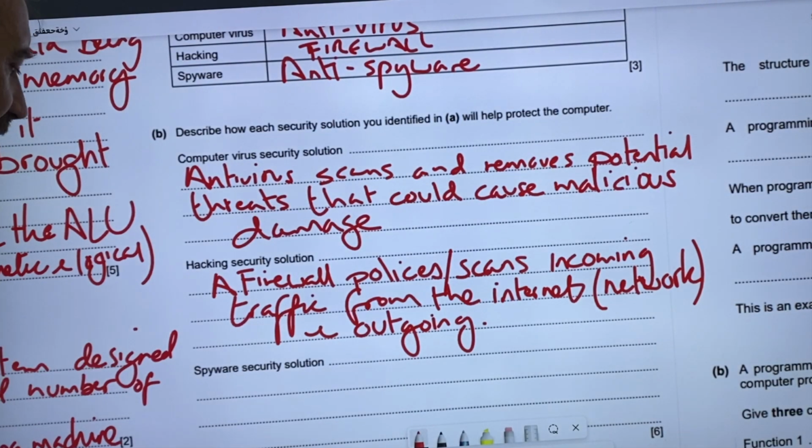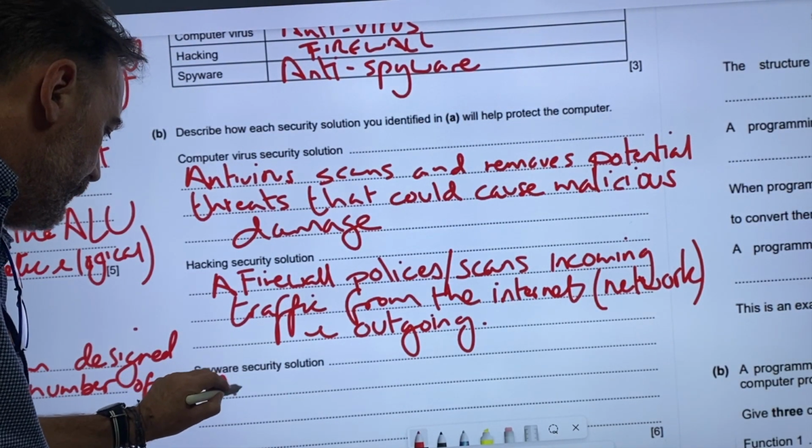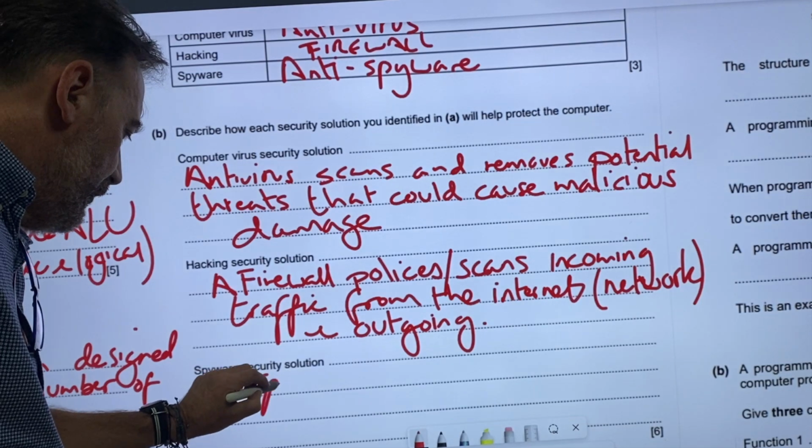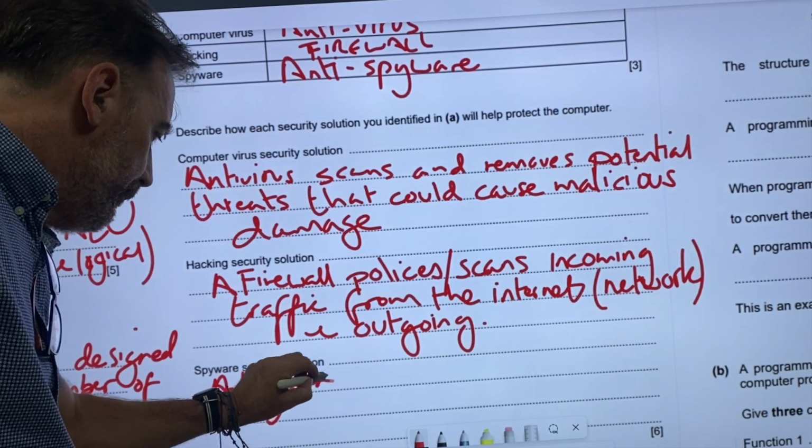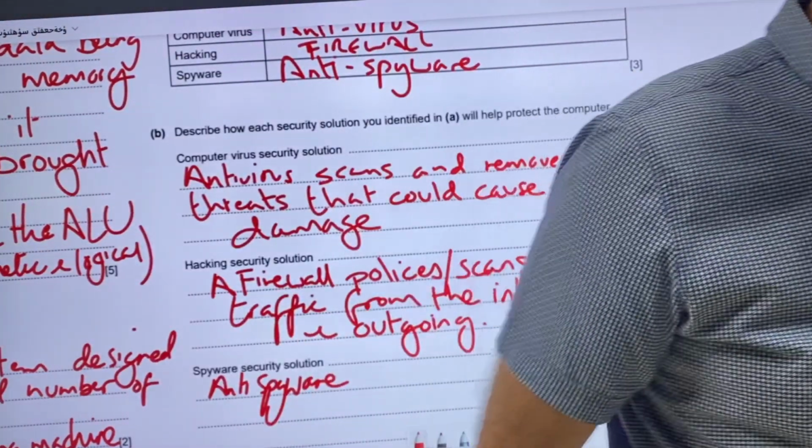And finally, anti-spyware. What does anti-spyware do?